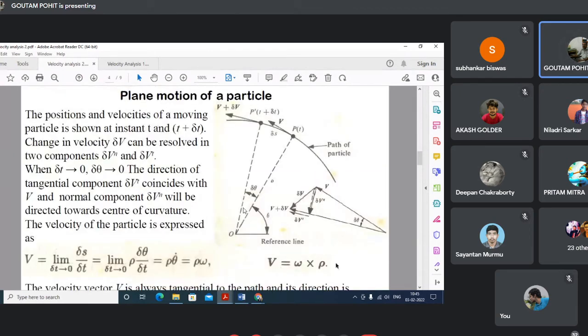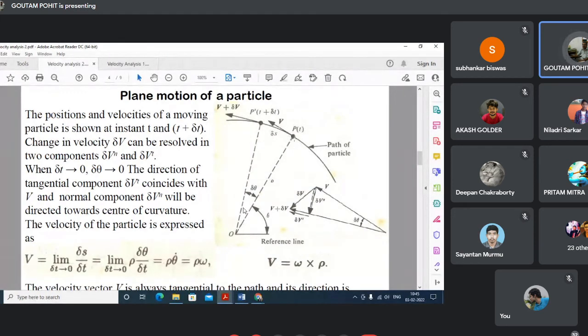Then let us go to a slightly more complicated problem, but that is theoretical. This part you know actually from your higher secondary study. See, this is the path of a particle which is moving along this direction, maybe circular motion about the point O. At this instant the radius is rho, and its velocity is v, which will be perpendicular to this line.